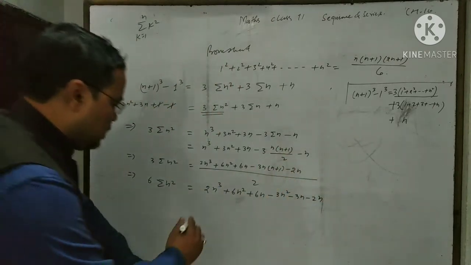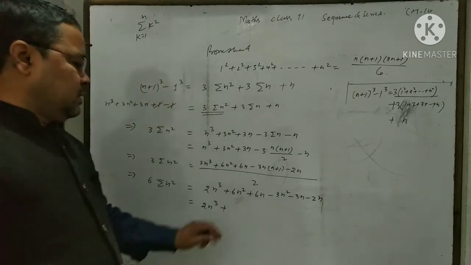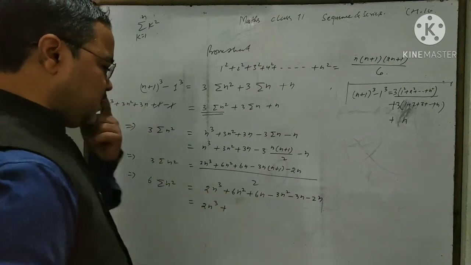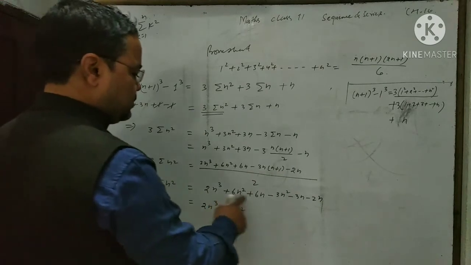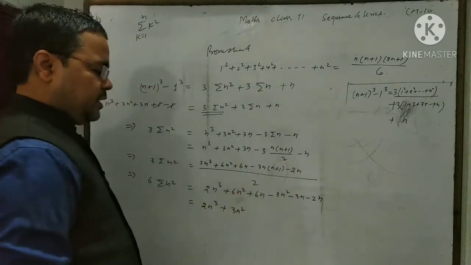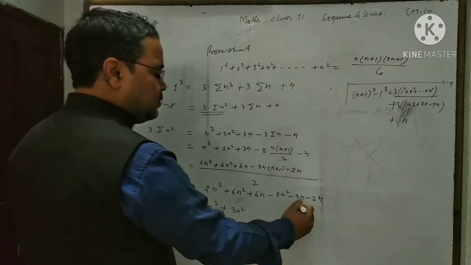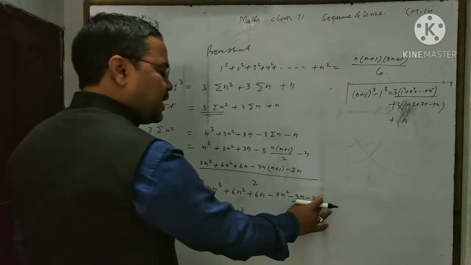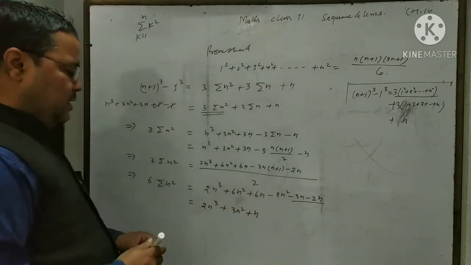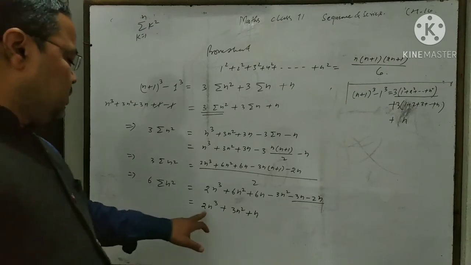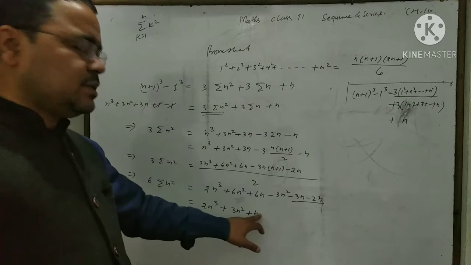Then it will be 2n³ plus 6n² minus 3n². 6n² minus 3n² will be 3n². And 6n minus 3n minus 2n will be plus n. So finally here we get 2n³ plus 3n² plus n.